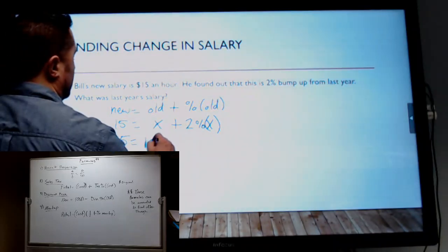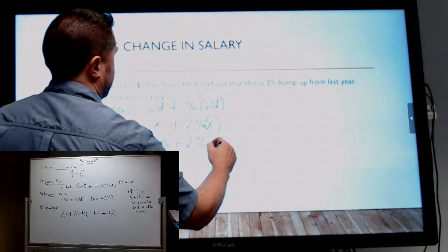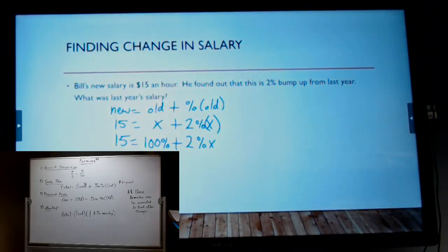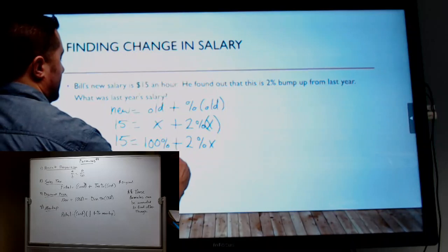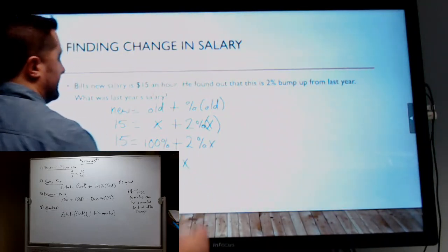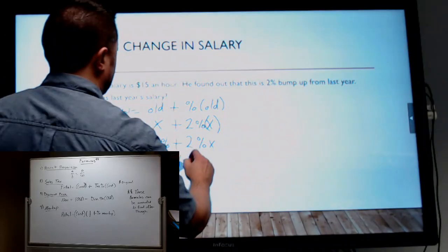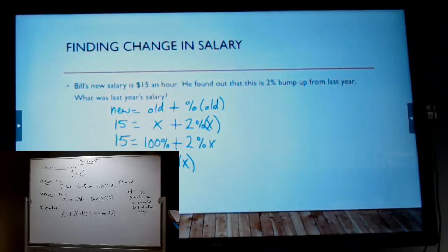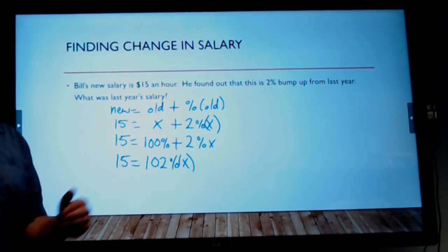In this case, it'll be 100% X plus 2% of X. So you put those together. This new salary of $15 is actually 102% of his old salary. So his new salary of 15 is equal to 102% of his old one.